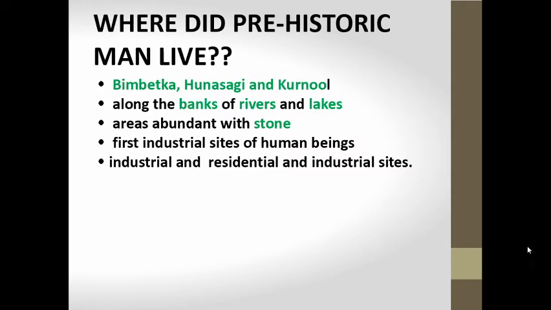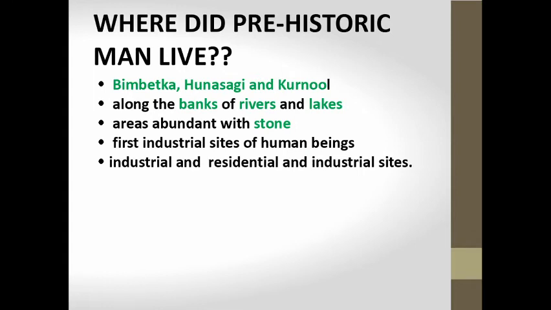You can observe that these sites were along the banks of rivers and lakes, because water is very essential to survive. And they stayed wherever there were a lot of stones available, because they needed stone tools.